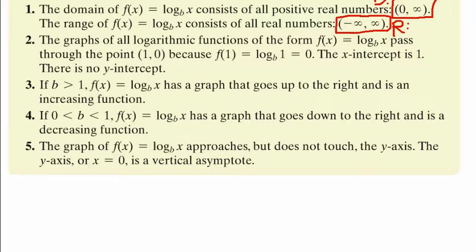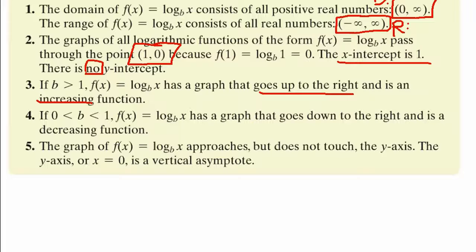All right. Key point is that all logarithms that don't have a shift, all logarithms of the form log base b of x, all go through (1, 0). They all go through this point. So they all have an x-intercept of 1 and no y-intercept. If your base b is greater than 1, the graph goes up to the right and is increasing.